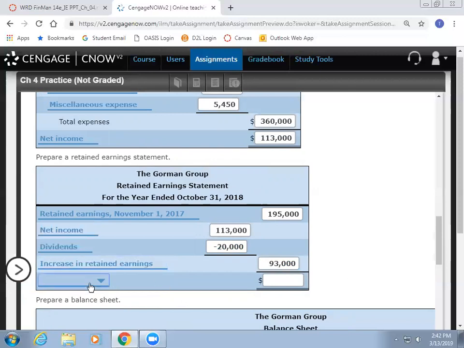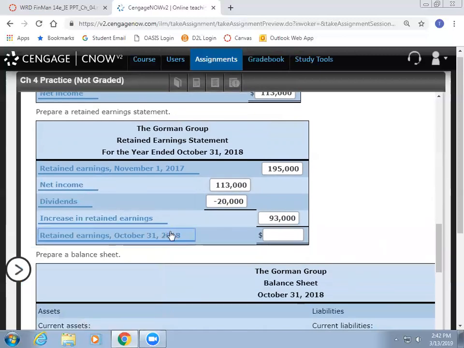So then I just need to calculate my ending retained earnings. I just add those two together to get $288,000. That's kind of my goal when I'm done with my closing entries, that retained earnings will be $288,000.